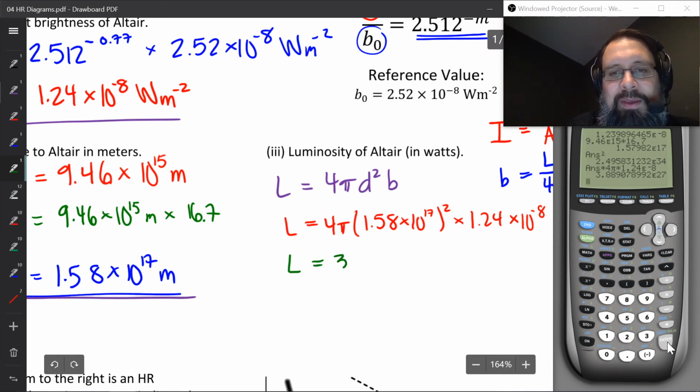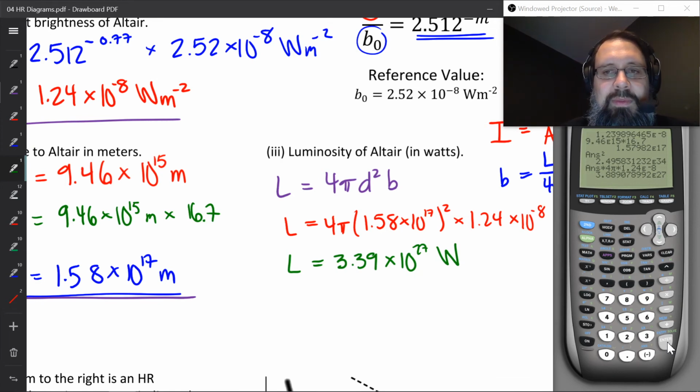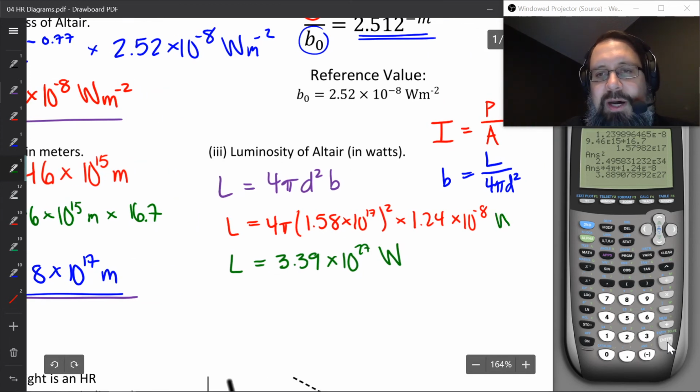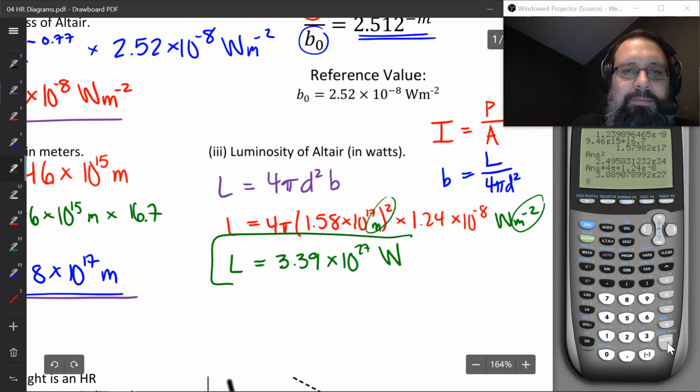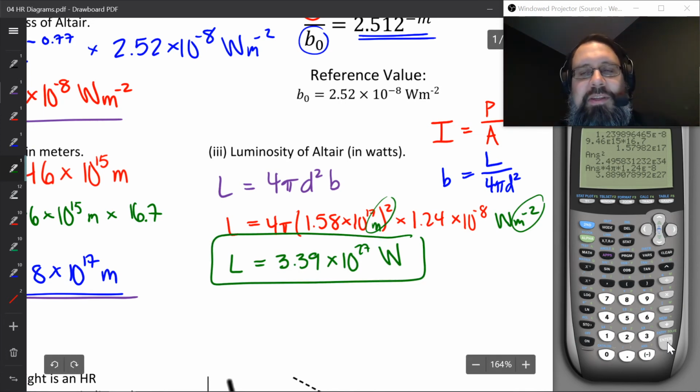Luminosity is 3.89 times 10 to the 27, and that's watts. Remember that this was watts per square meter, and this was meters, so you end up squaring the meters, that's meter squared, and that cancels out and you just get watts. So that's the luminosity of Altair.